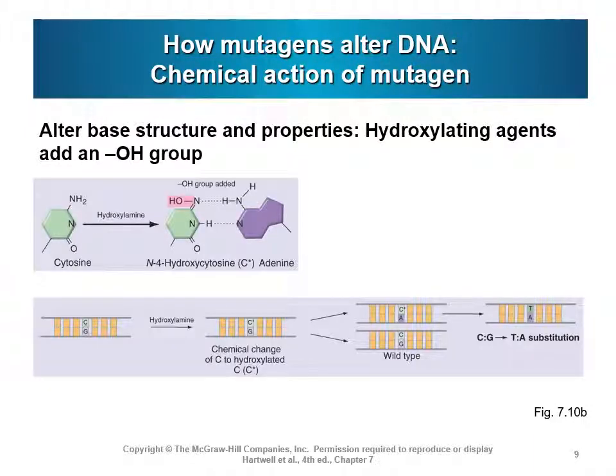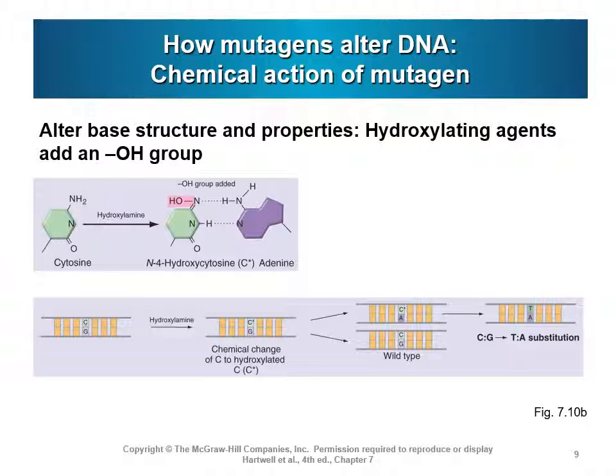Another chemical causing chemical mutagenesis is hydroxylamine, the agent that causes hydroxylation, which adds an OH group to cytosine and makes hydroxycytosine, which is actually complementary to adenine. Cytosine is complementary to guanine. However, hydroxycytosine is complementary to adenine.